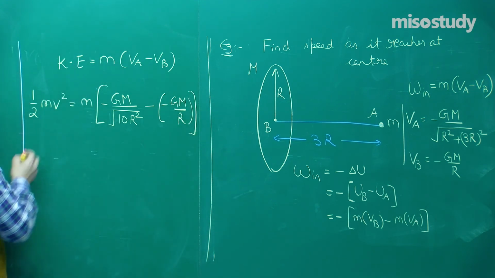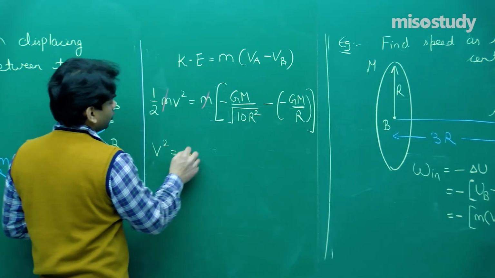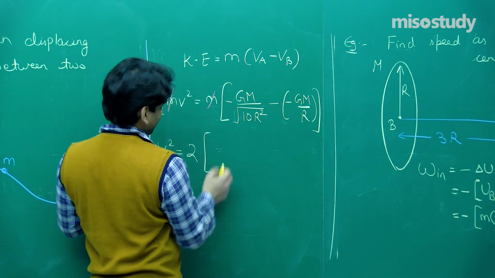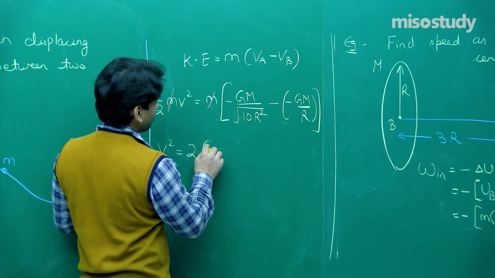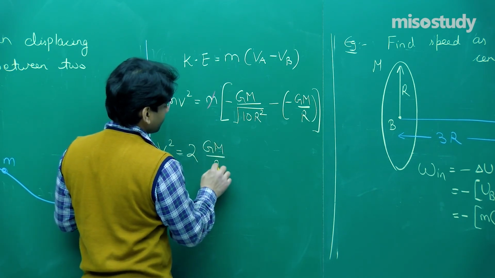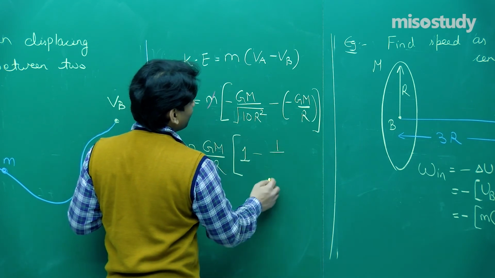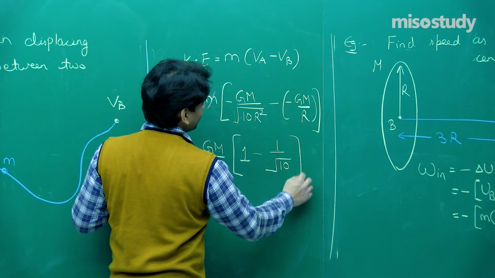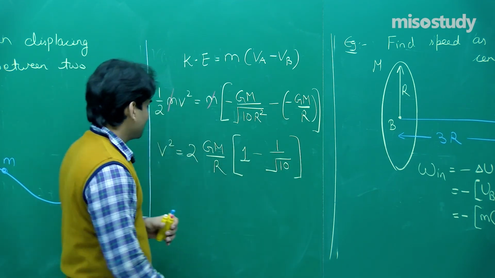Easily you can cancel out this m, and v square will come out to be twice of, take 2 here, and this minus sign will give you plus, and GM can be taken outside. Take GM by r outside, you will obtain 1 minus 1 upon root 10. Then you can simplify this further.